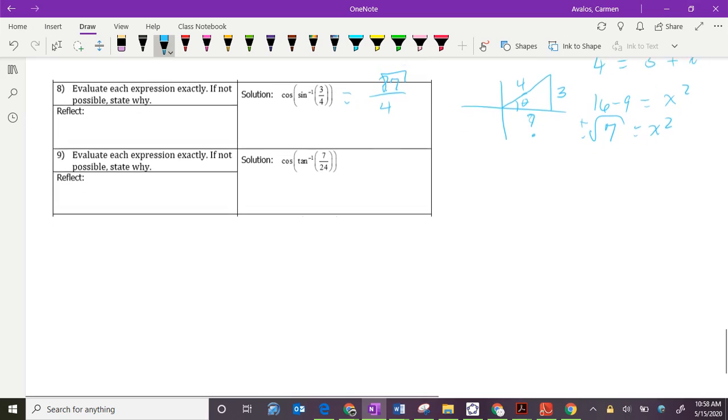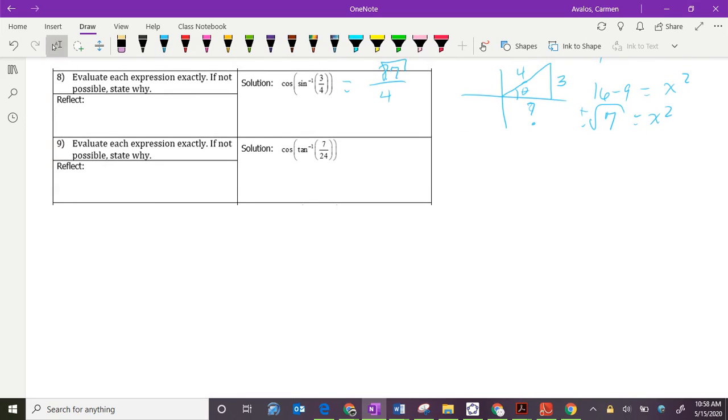And then you do the same thing for this problem right there. It's the tangent inverse, so it's positive, it's going to be in the first quadrant, and tangent is opposite over adjacent. Unlike this one here, this is not a Pythagorean triple, because this side would have to be 4 and that would have to be 5.